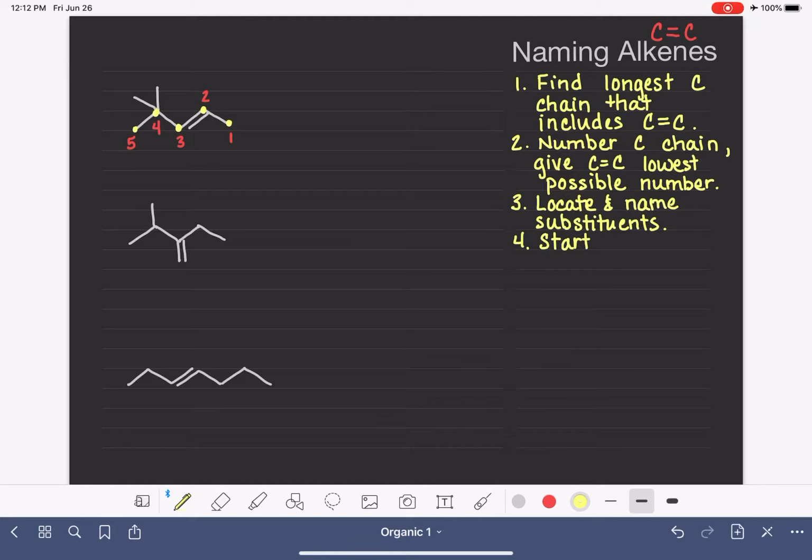So we will start the molecule's name with the appropriate prefix if applicable. Not all of our alkenes have stereochemistry, so this won't always be a step that we take.